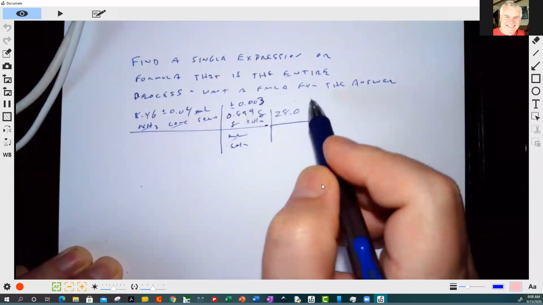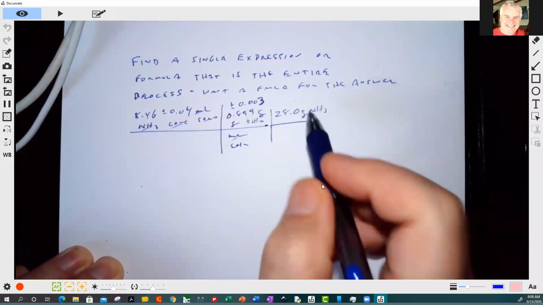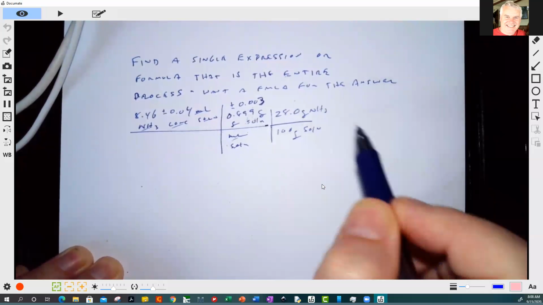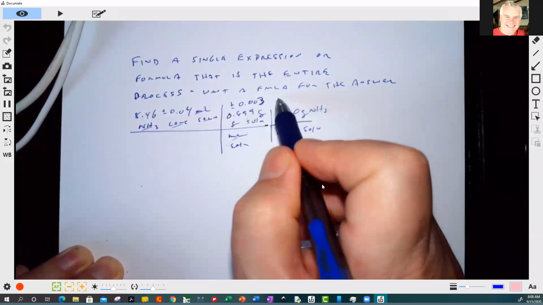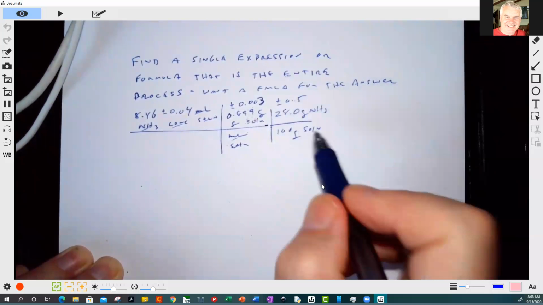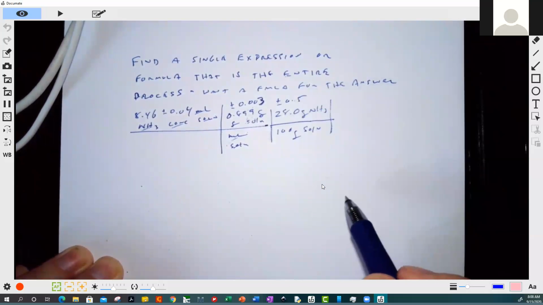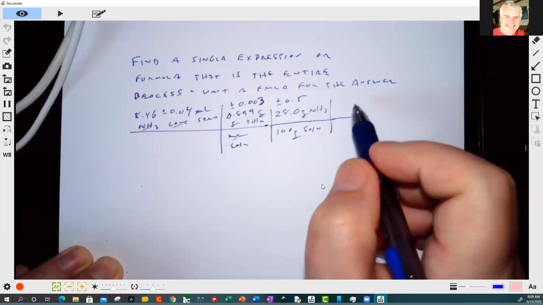28.0 grams of NH3 for every 100 grams solution. And this has a plus or minus 0.5 on it. Multiply by the molecular weight here.